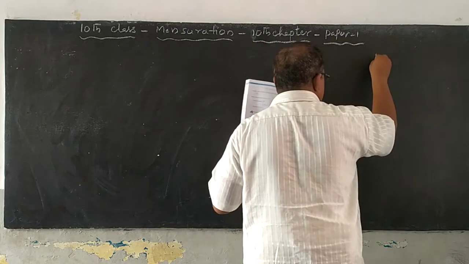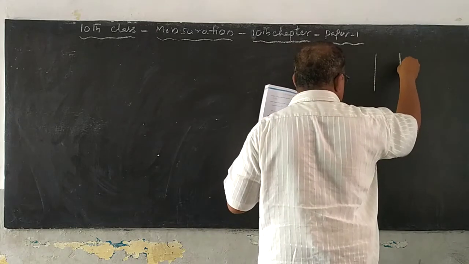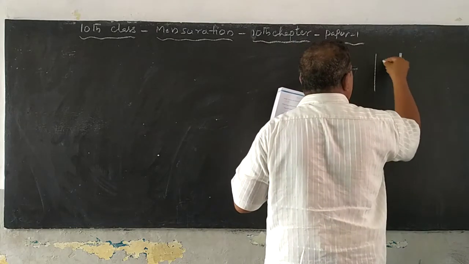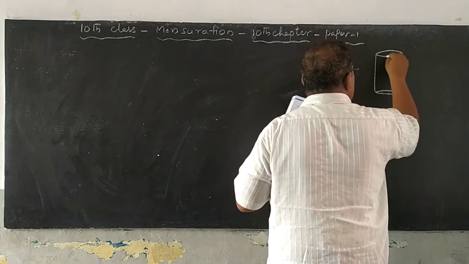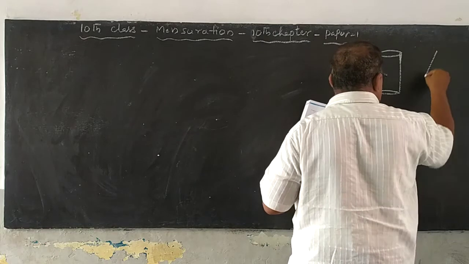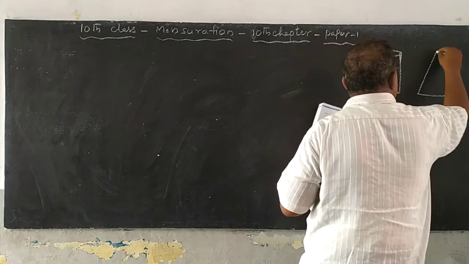LSA of cylinder. This is the cylinder, and the CSA of the cone is equal.